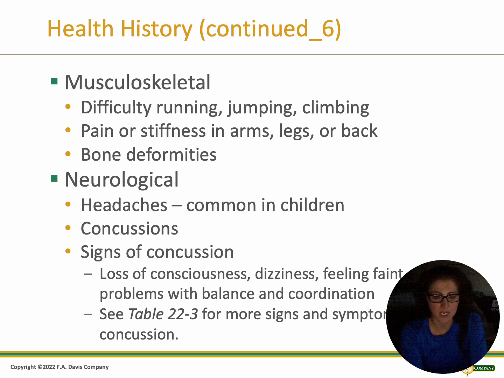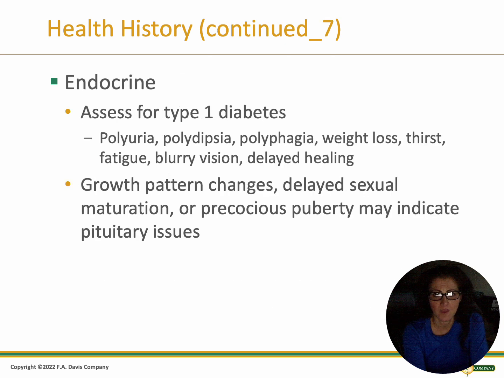If they play contact sports, are they at risk for concussion or contusions? And then the endocrine system, we also want to assess for comorbidities such as hypertension, diabetes, any changes in growth pattern. Delayed sexual maturation or precocious puberty can indicate puberty issues.